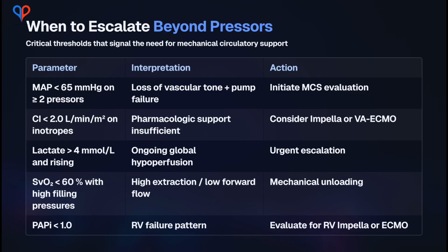Cardiac index below 2 liters per minute per square meter, even with inotropic support. Lactate greater than 4 millimoles per liter and rising despite treatment. Mixed venous oxygen saturation below 60% with elevated filling pressures. When these findings persist, it means the patient has reached the limit of pharmacologic therapy, and mechanical support becomes necessary.